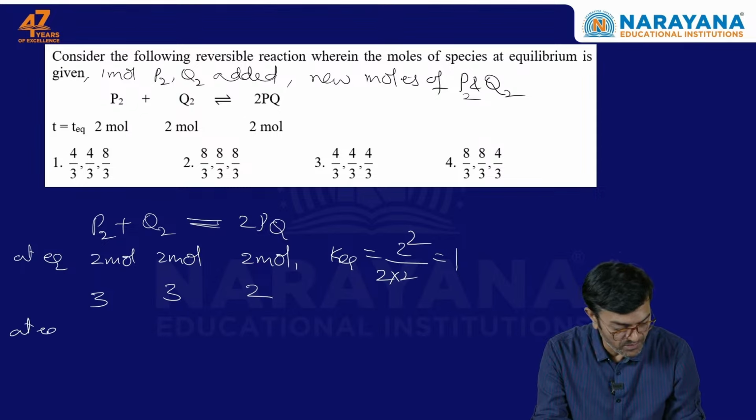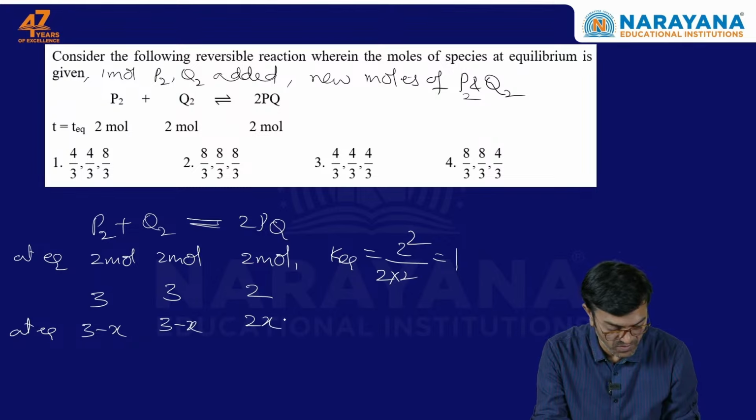Now at new equilibrium, 3 minus x, 3 minus x, and we will be getting 2 plus 2x.